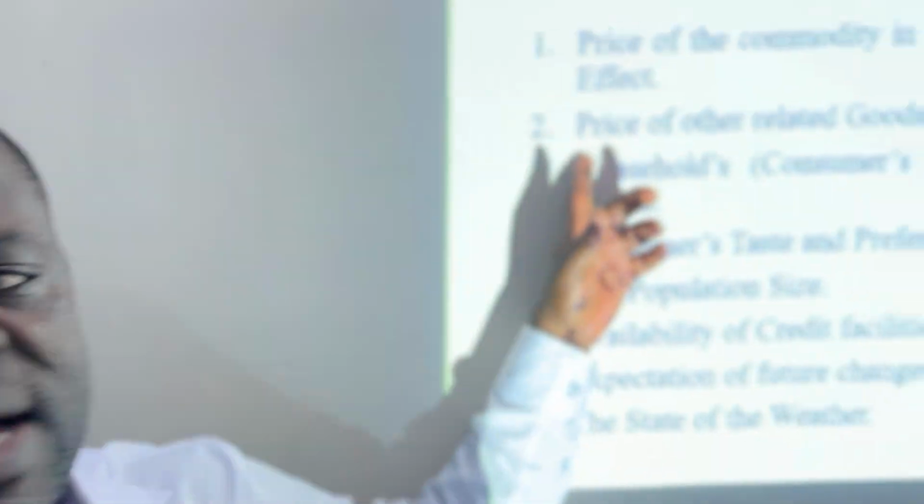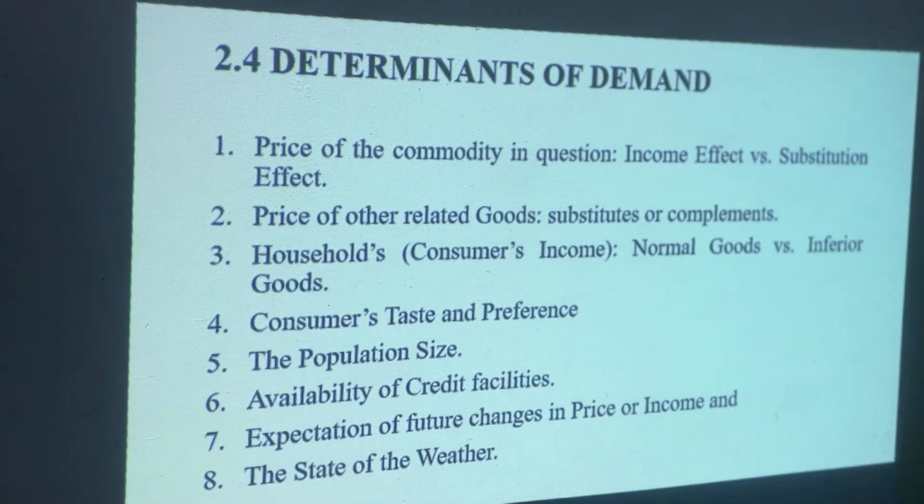Risen. So in view of this, the demand for the commodity whose price has risen will fall. So the substitution effect is about relative prices. The consumer will always substitute the commodity whose price hasn't risen for the one whose price has what? Risen.